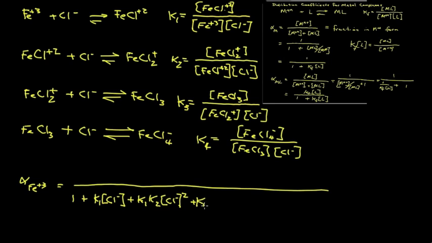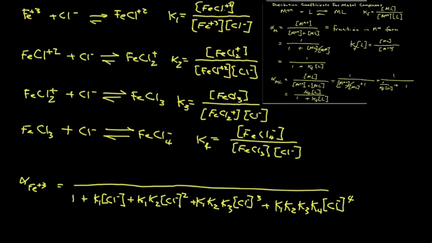Next term is K1, K2, K3 times the ligand to the third power. And finally, the product of all the K's times the ligand concentration to the fourth power. The term in the numerator comes from a term in the denominator.